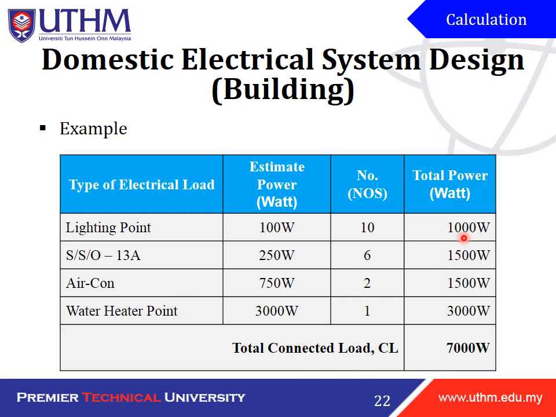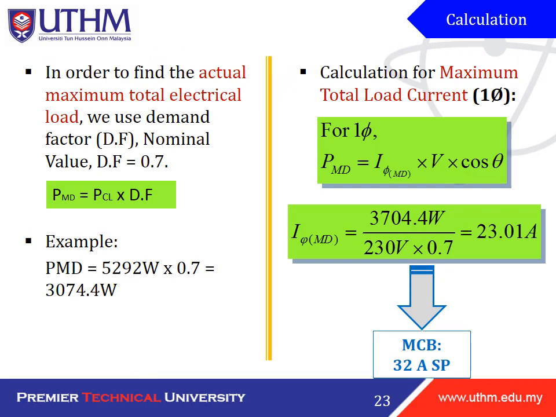So when we have the total power, we can calculate the total connected load. And then in order to find the actual maximum total electrical load, we use the demand factor nominal value, which is 0.7. So power maximum demand is equal to power connected load times the demand factor.